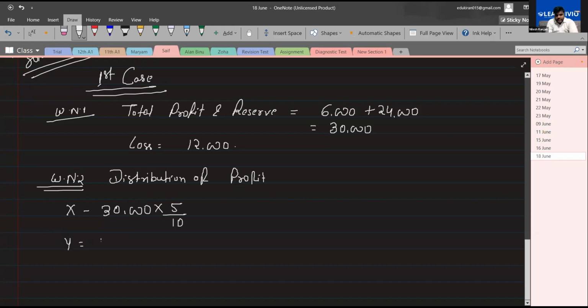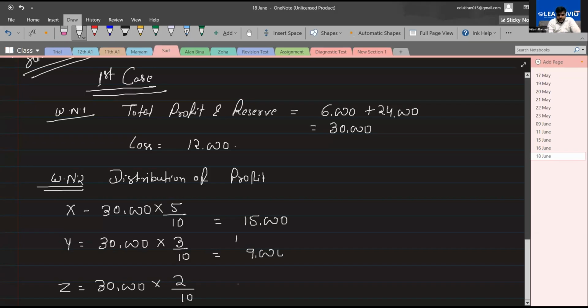For Y, it is 30,000 into 3 by 10. We are distributing it in the old ratio. It is the first case, so old ratio. So here it will be 15,000, then 9,000 and then 6,000.